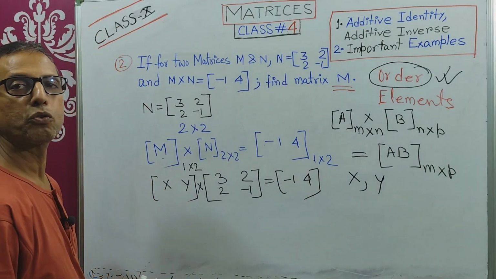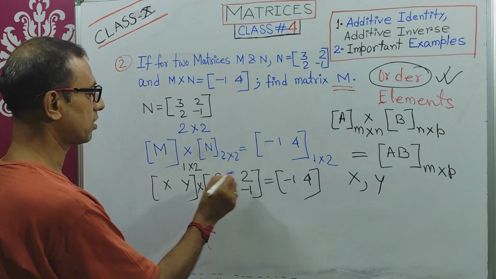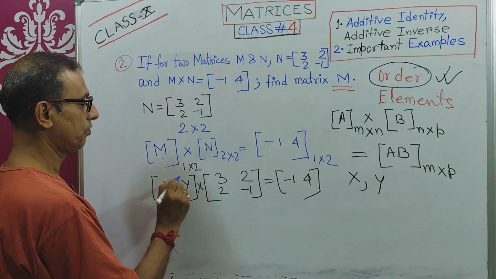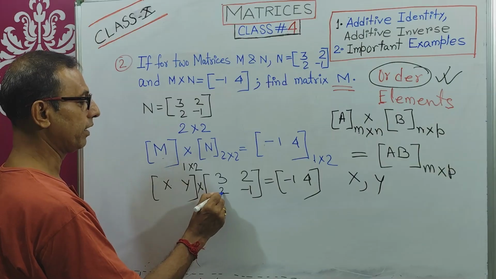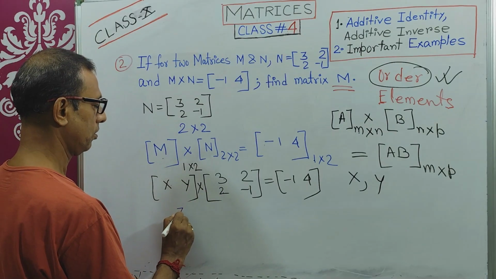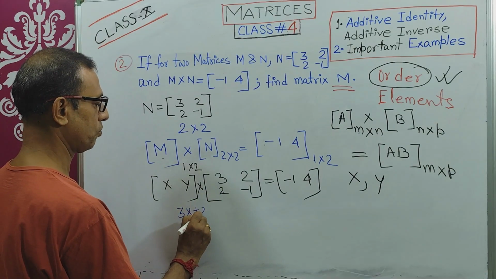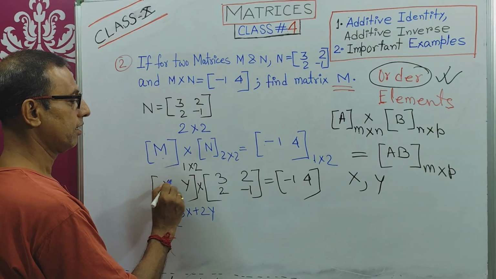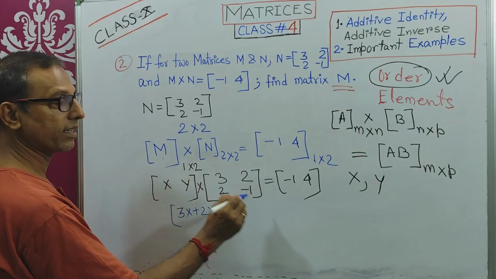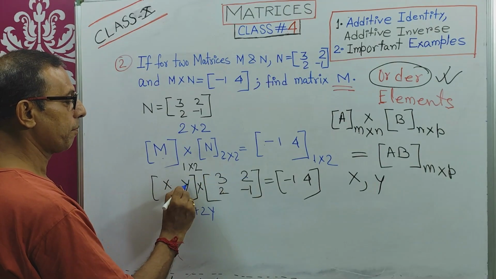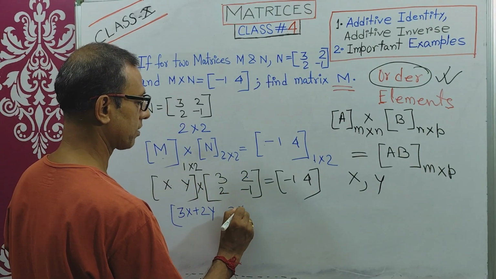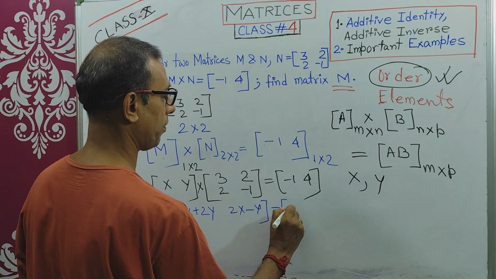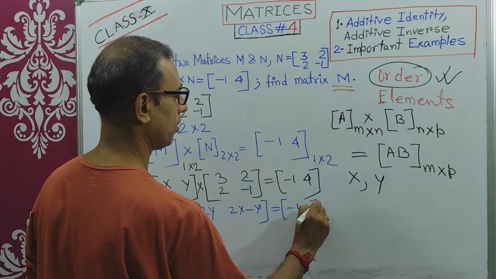Now you find two equations from here. Just the product of matrices, row versus column. 3x plus 2y is one element. Another element is the first row with the second column, 2x minus y. So [3x plus 2y, 2x minus y] equals [-1, 4].